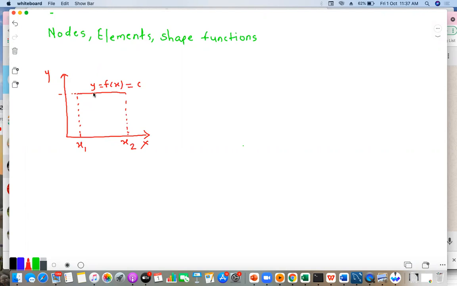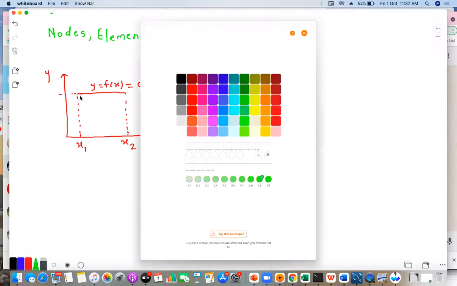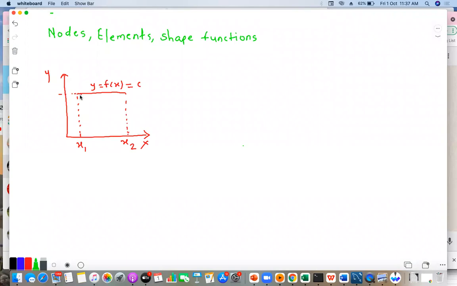Now if I want to find the area under this curve, this is a straight line, so this is the area. This area I want to find. So this is a simple rectangle, right?